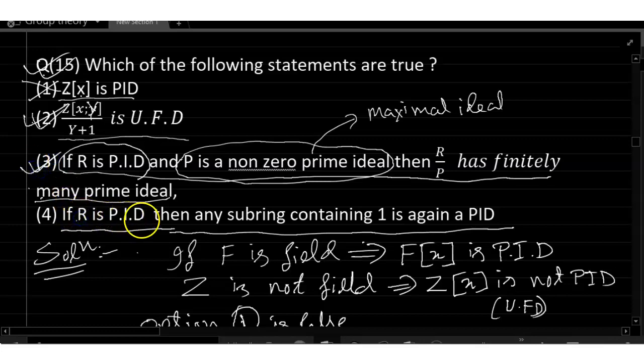If R is a PID, then a subring containing 1 is again a PID. This option is wrong.